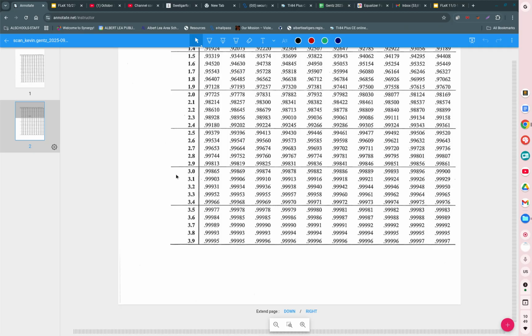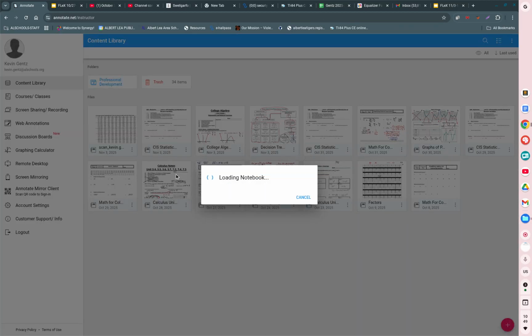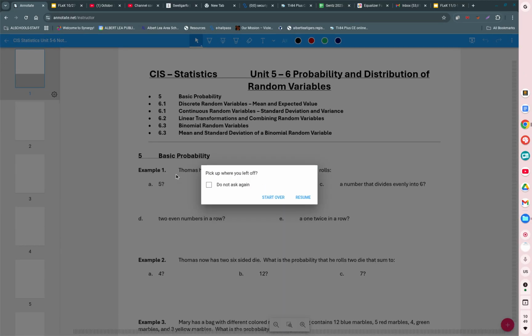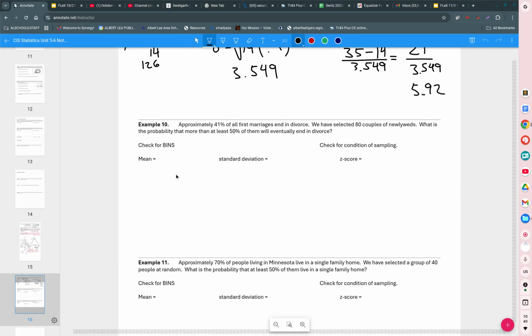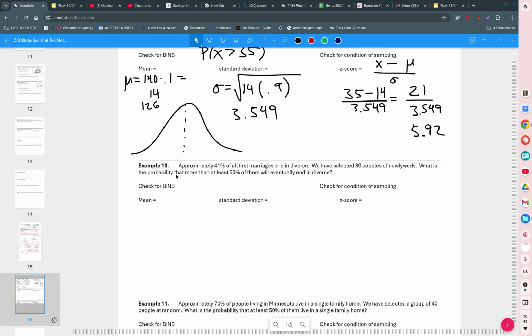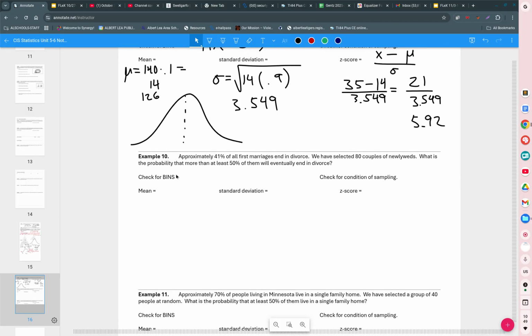If we were to draw this out, you would have a normal curve, where we're expecting it to be 14. And what are the chances that it is 35? Well, remember, whatever's on your table, that's the area to the left. So that would be 0.9999, okay?